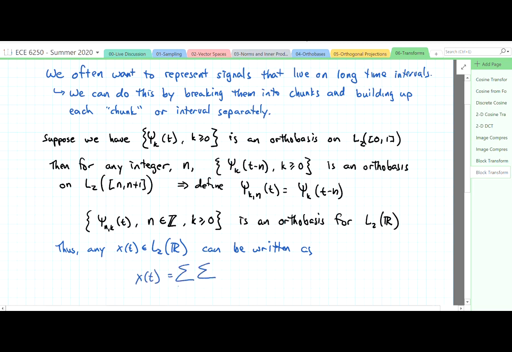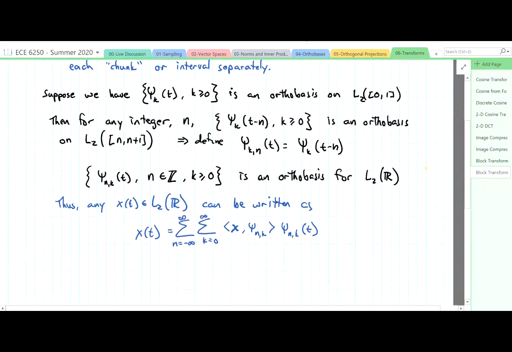We're going to have a double sum because we have to go over both n and k. Like so. And we call this part right here our expansion coefficients. So these would be our alpha n comma k expansion coefficients.